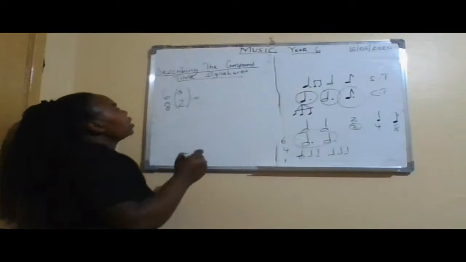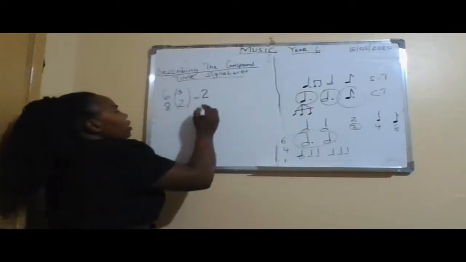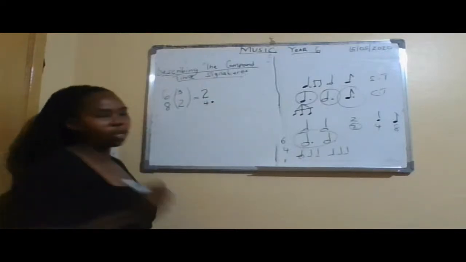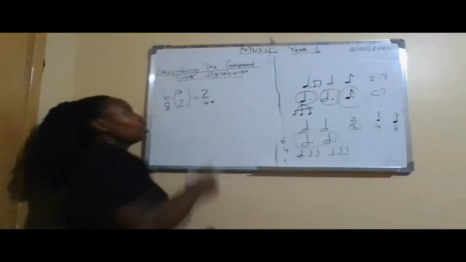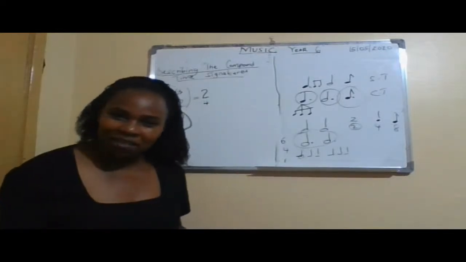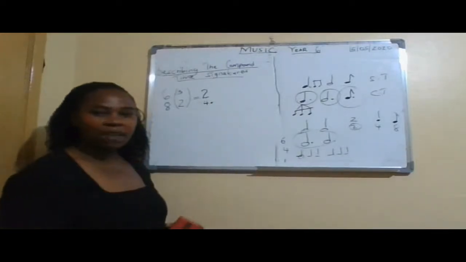So here you get 2, and down here you get 4, and remember it is dotted so that you don't forget. You have to put this dot here so that, class, you don't write 2 crochet bits in every bar. You remember that these are 2 dotted crochet bits in every bar.